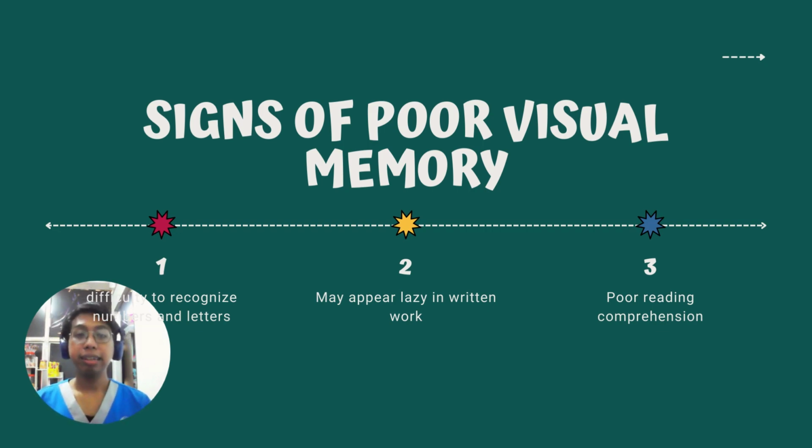And then the second one is they may appear lazy in written work. For example, we want them to write, but they feel lazy or not in the mood to do written work. It could be because of poor visual memory. Because remember, I talked about visual sequential memory, right?